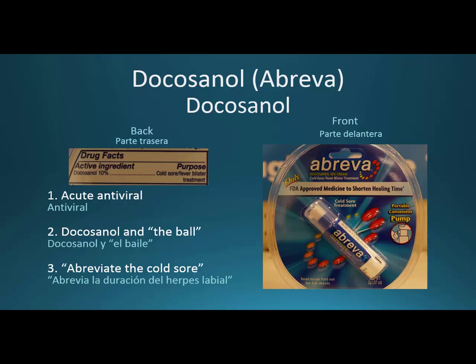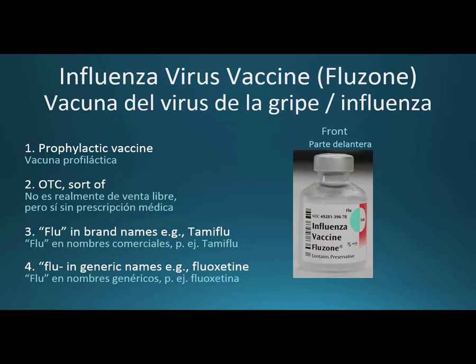Okay. All right, let's go on to influenza. So Influenza Virus Vaccine becomes Vacuna del Virus de la Gripe. Influenza. There's a prophylactic vaccine, so vacuna profiláctica, something that works ahead of time to prevent an illness.